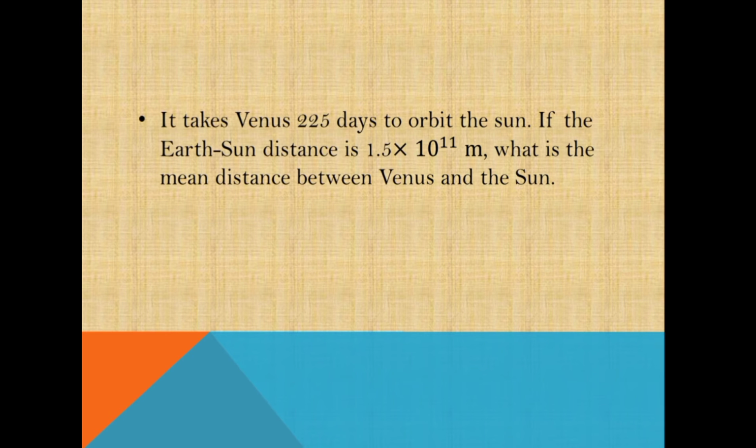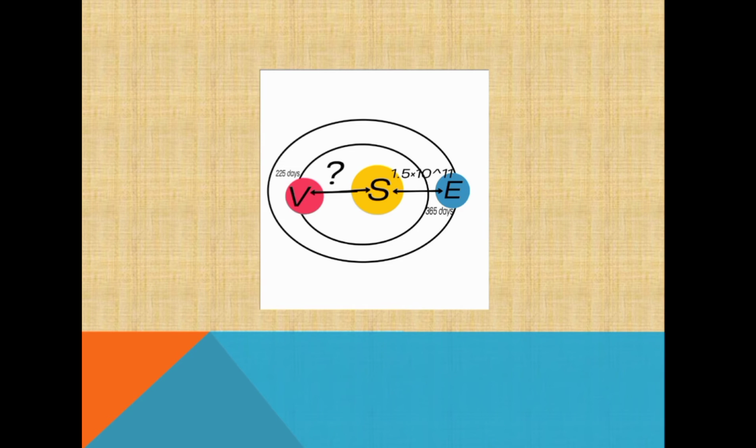So let's go to the next question. The next question is, it takes Venus 225 days to orbit the Sun. If the Earth-Sun distance is 1.5 times 10 to the 11 m, what is the mean distance between Venus and the Sun? So this is very easy. Here is the illustration.